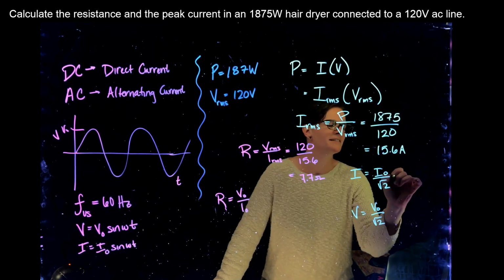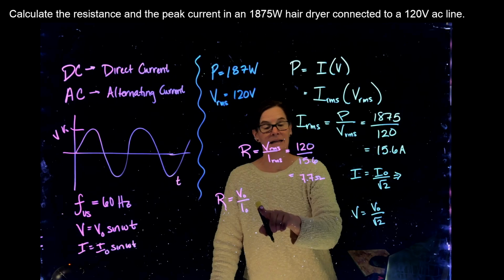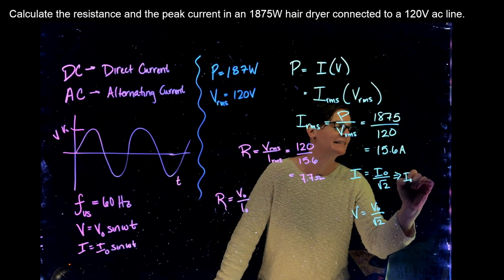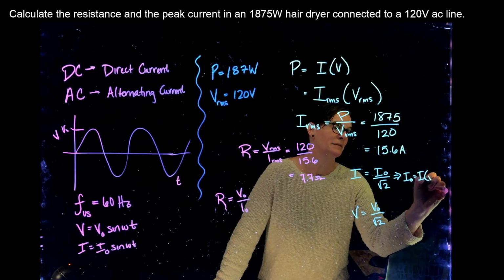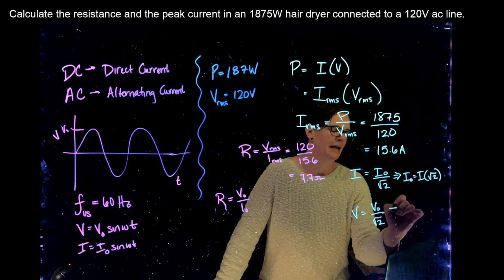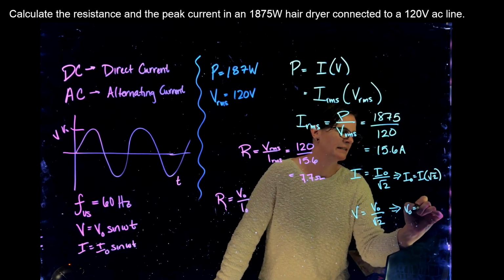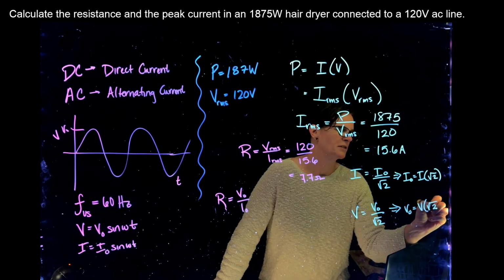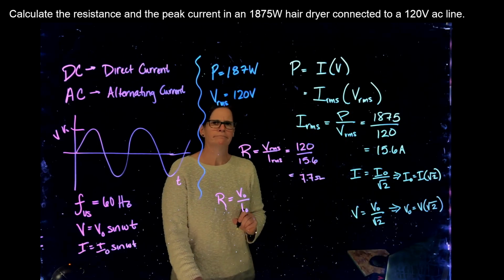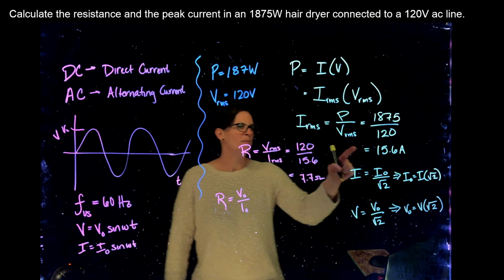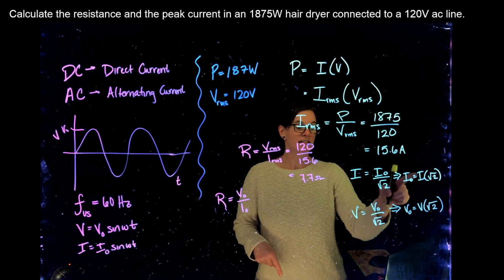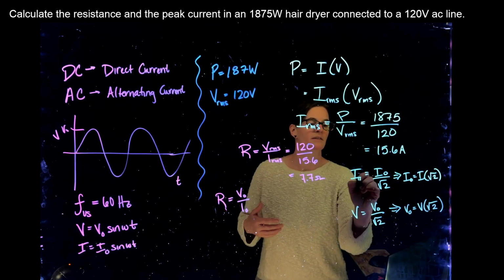This tells us that because I need I naught and V naught, I naught is equal to I times the square root of 2, and V naught is equal to V times the square root of 2. Much better. All right, plugging in, and this I and this V are, of course, our RMS values.